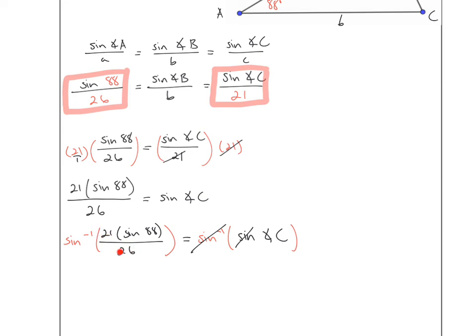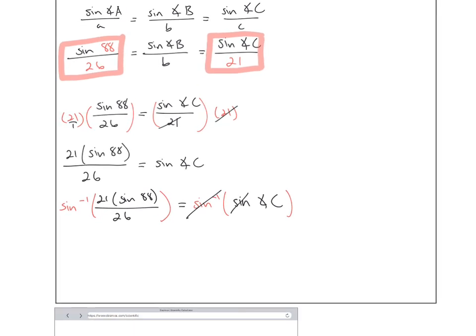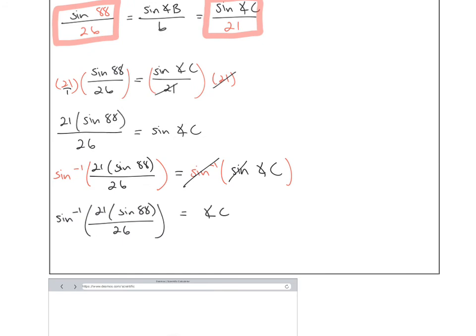There's also a 26 down on the bottom. So this means that I cannot cancel out my sine inverse and sine. We leave it as it is. So finally, at the end of the day, what we get is that angle C is equal to sine inverse of 21 times sine of 88, all divided by 26. And of course, this is where we want to use the calculator.